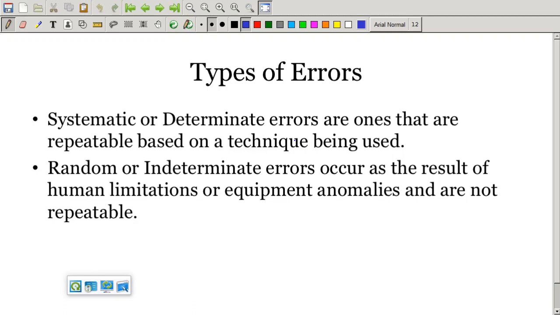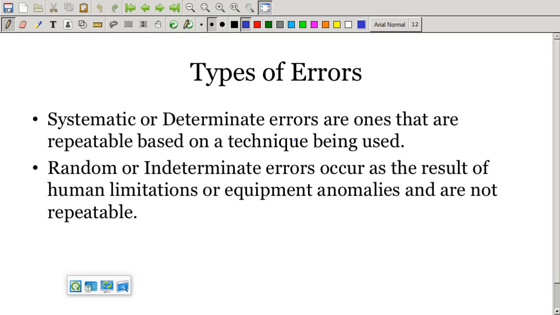And then you also have indeterminate errors or random errors that enter in from just human error. All right, for example, you do 3 titrations. It's very unlikely that you're going to get 3 titrations with exactly the same result, even though you use the same components for the titration, because of indeterminate errors.